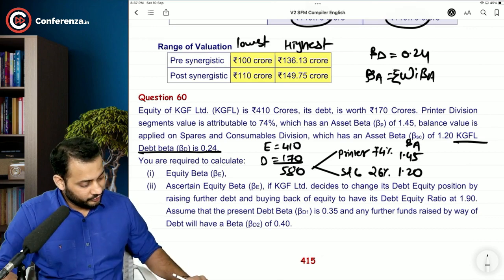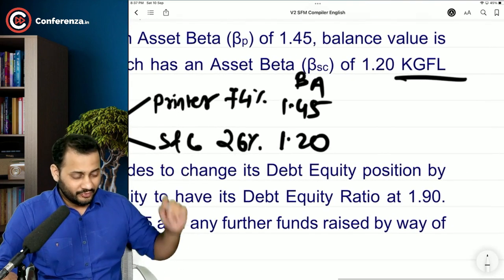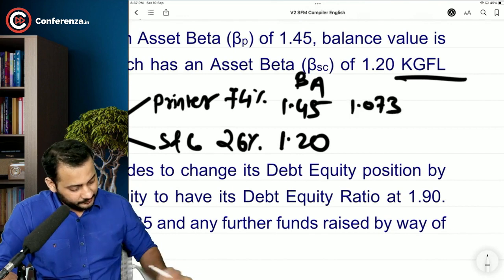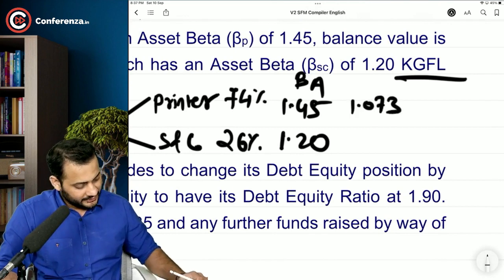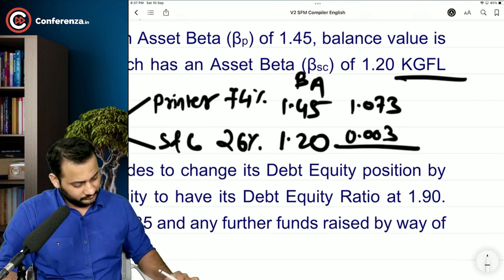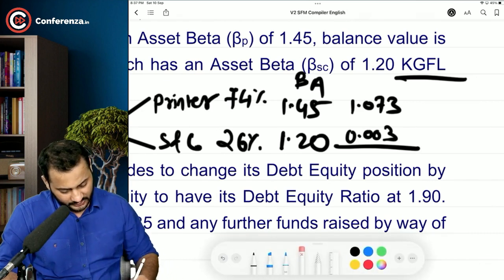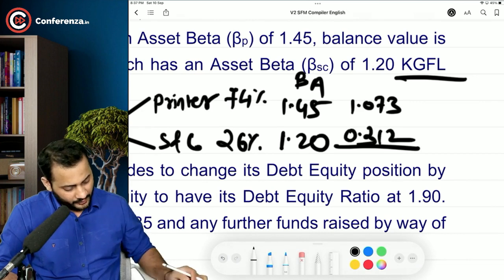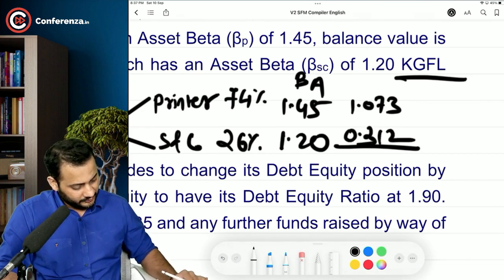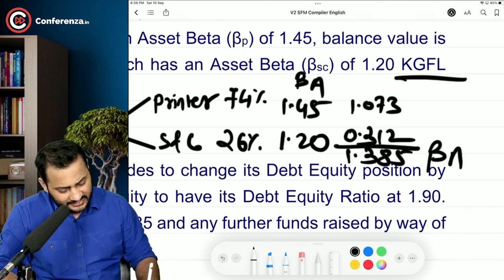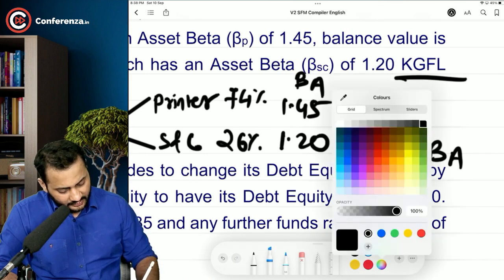So 1.45 into 74% will give you 1.073. 1.20 into 26% gives 0.312. So 1.073 plus 0.312 will give us 1.385. This becomes the asset beta of the entire company.